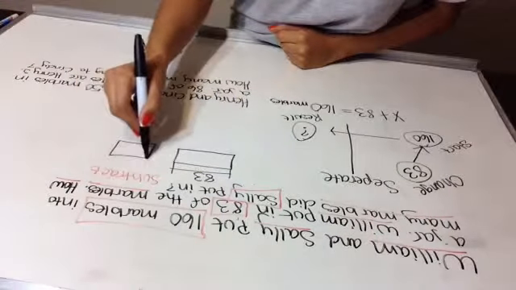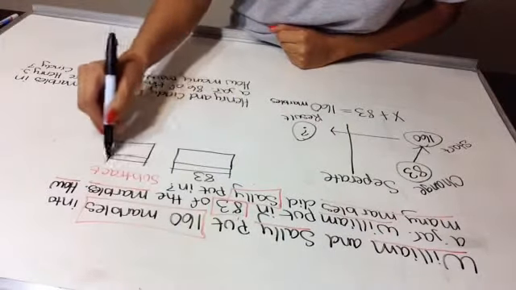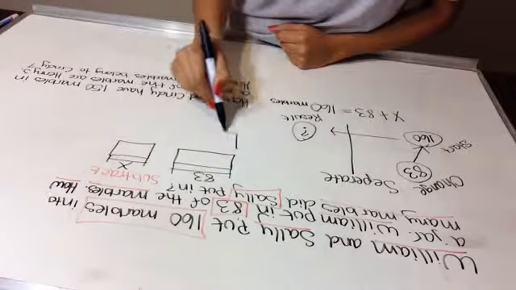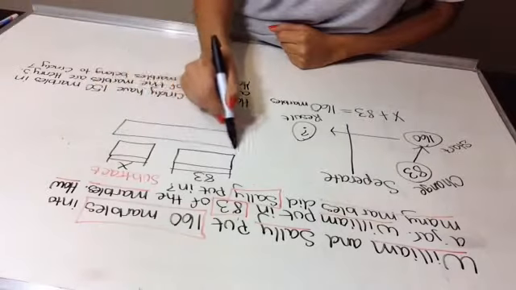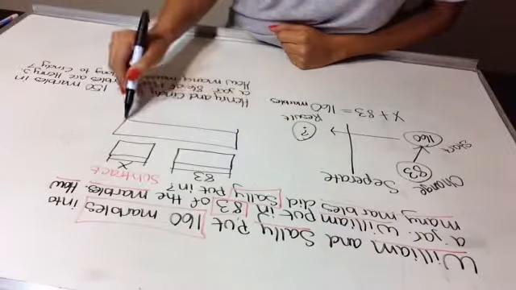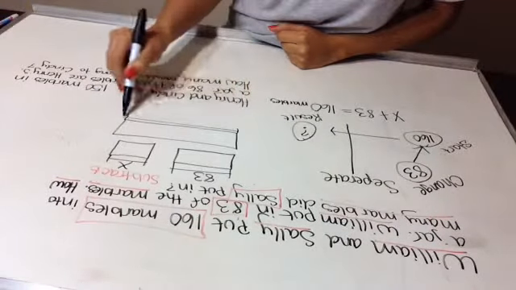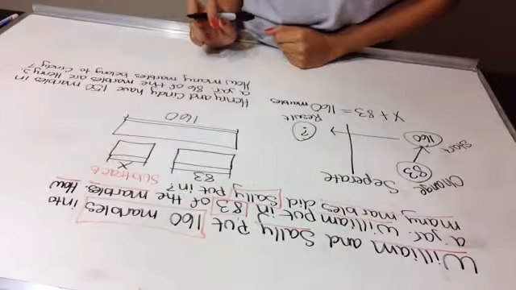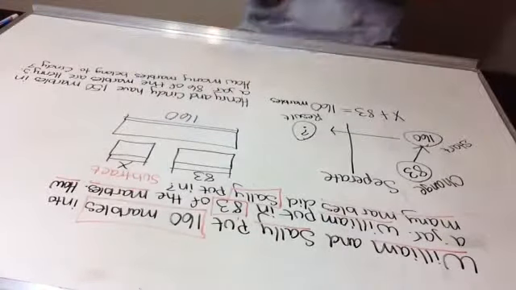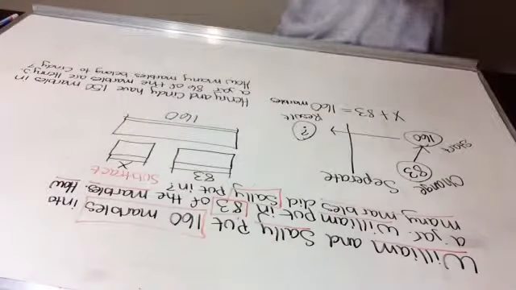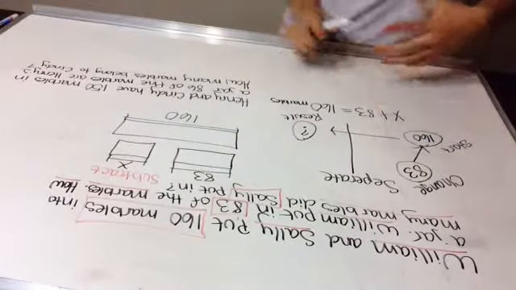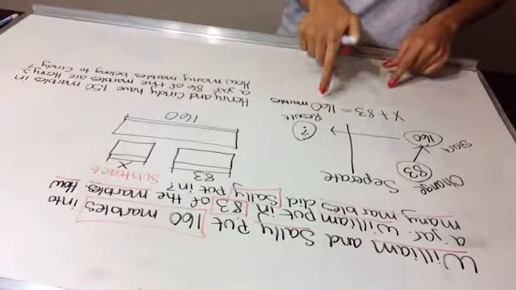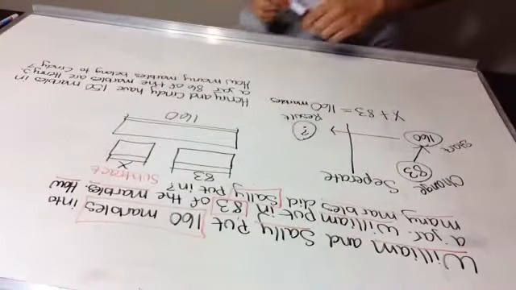And then we have here the unknown, which is our X. And down here for this strip diagram, we have a total of 160. So now we looked at the separate diagram in helping us to figure out how to find the result for this word problem.